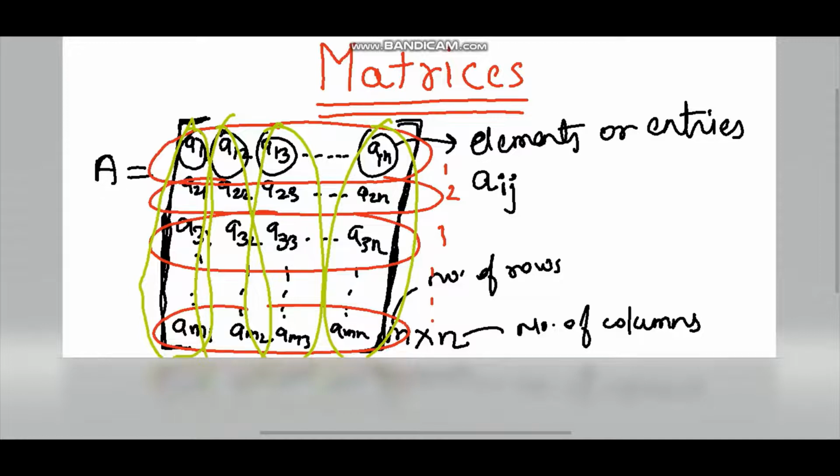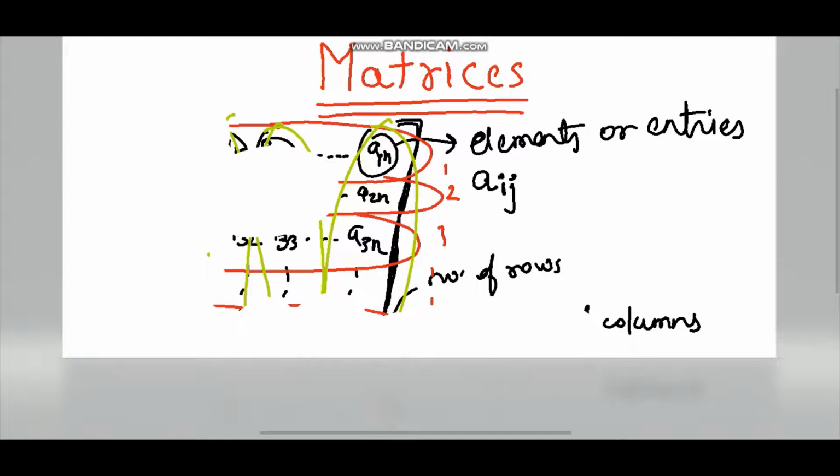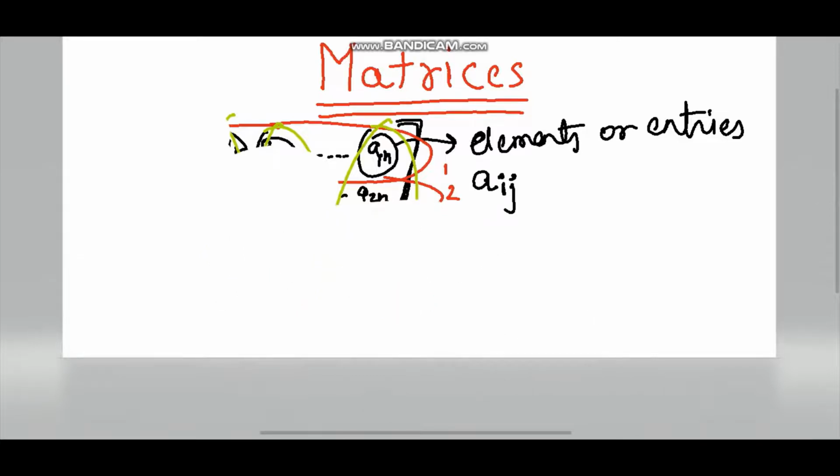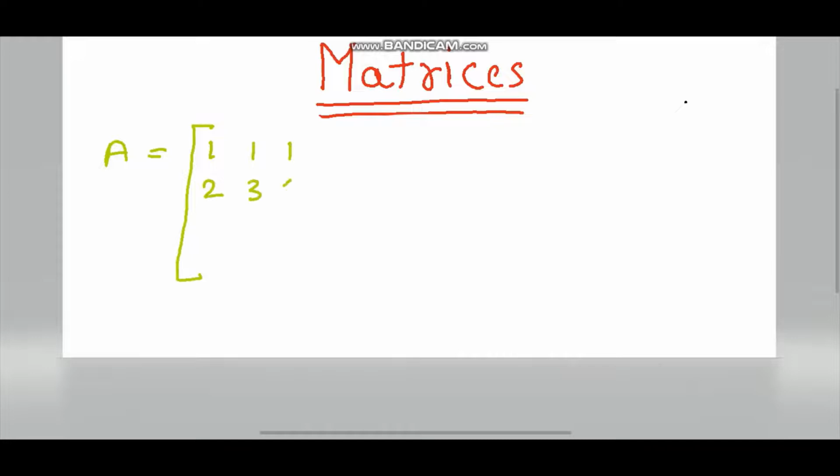Now I will show you one example and this will all become clear. Let us say A is equal to 1, 1, 1, 2, 3, 4, 5, 6, 8.